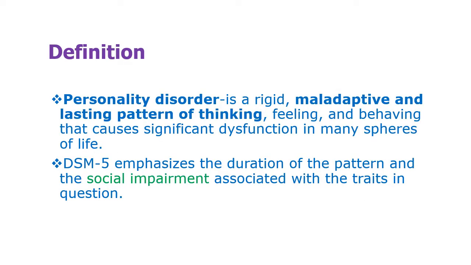So we had previously described personality as the manner in which we think and behave. So personality disorder is an inappropriate pattern of thinking and behavior that will lead to severe dysfunction in many facets of that individual's life, as we'll see here shortly.